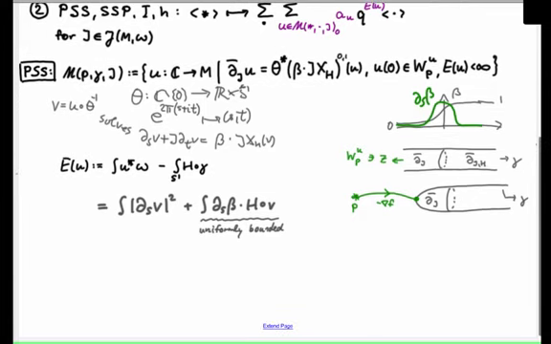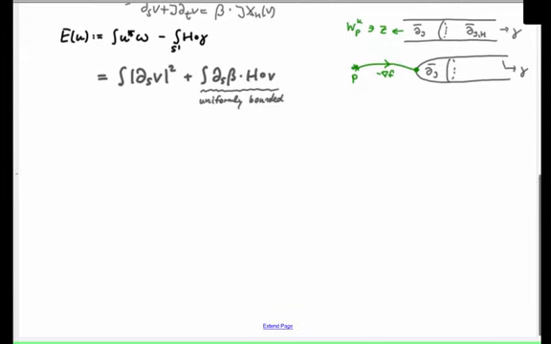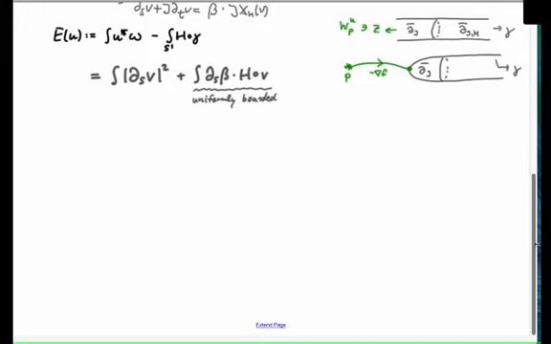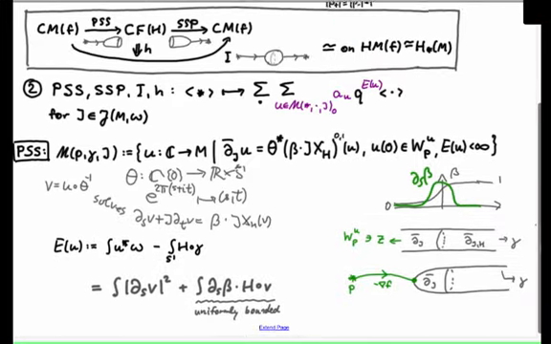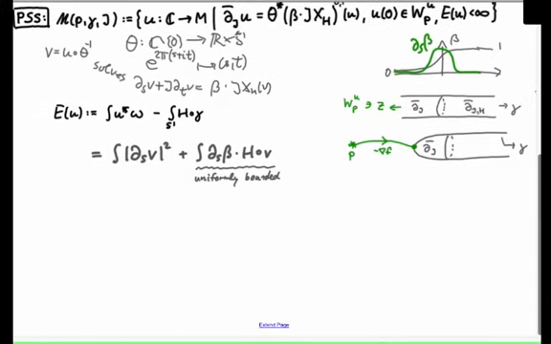So that's good news, because I would like energy bounds to give me Gromov compactness.